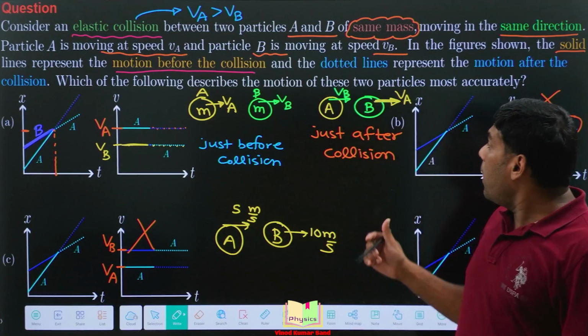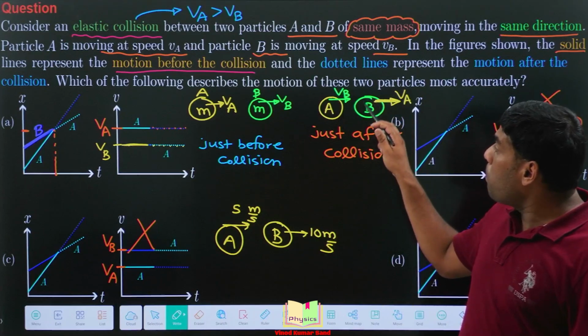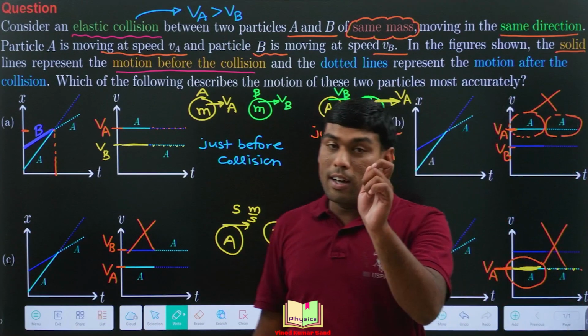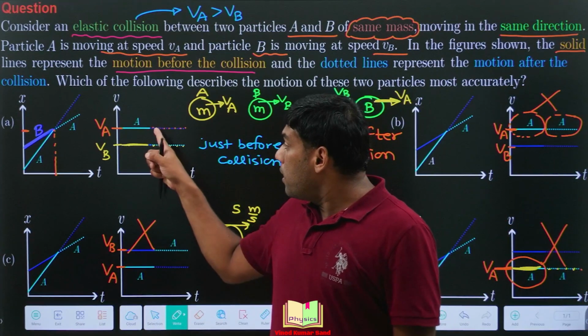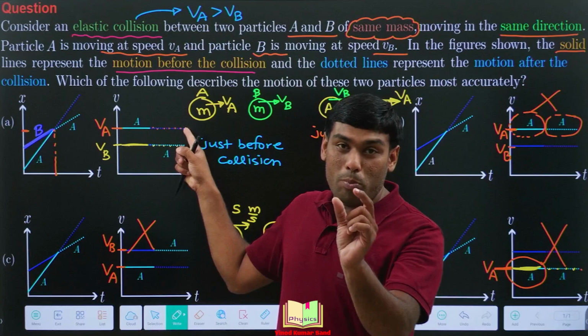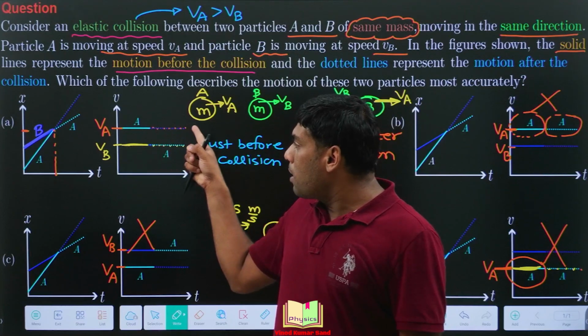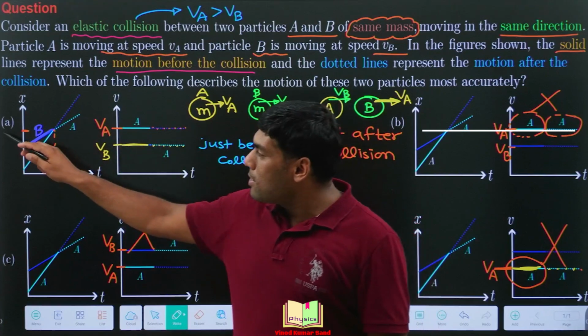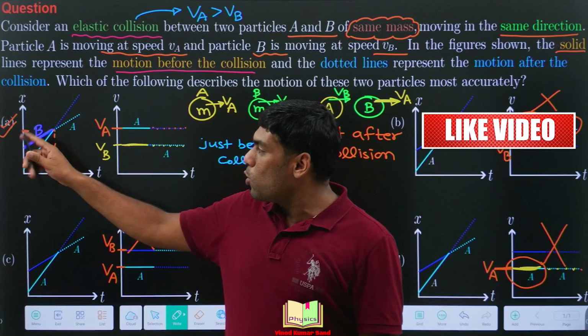And after collision, the particle B has the speed V. The dotted graph has no letter mentioned, it means that is for B. And now the particle B has got the speed VA. It means this is the correct choice.